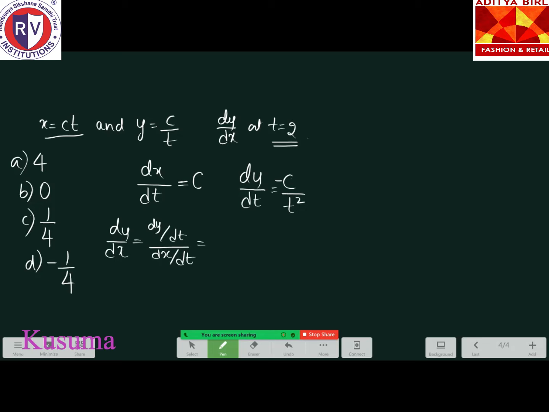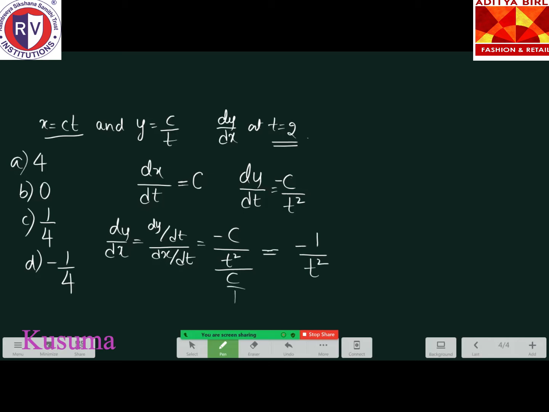Okay, so we have dy by dt as minus c by t square divided by c. So what is dy by dx? c square, the reciprocal.